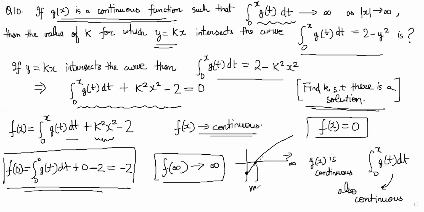So according to the conditions of the question, it is guaranteed that there is a root of the equation f(x) equals 0. Because f(0) is negative and f of infinity is positive, it must cross the x-axis at least once, since it is a continuous function. So that means that your equation will always have a root.